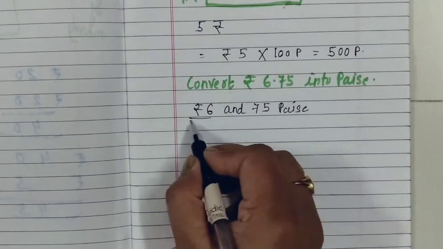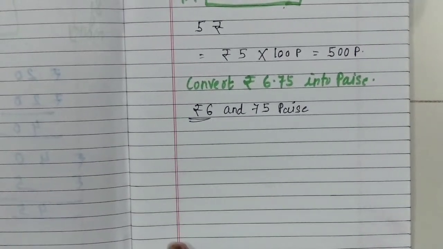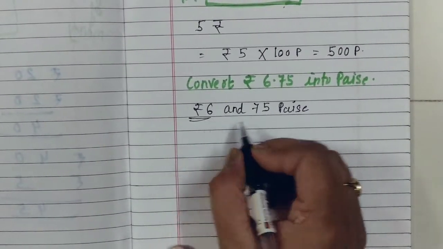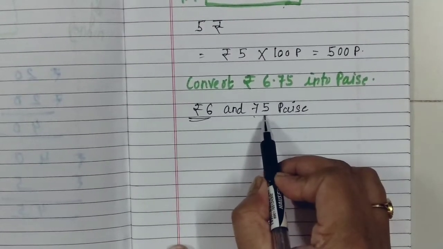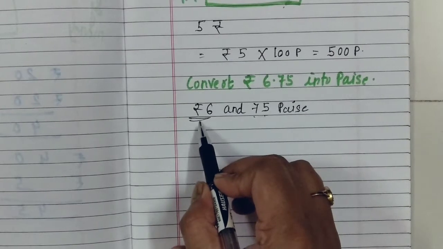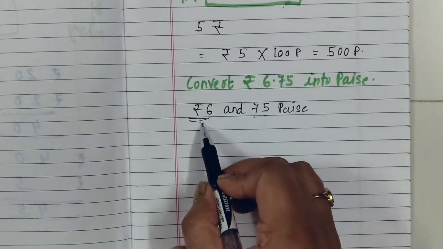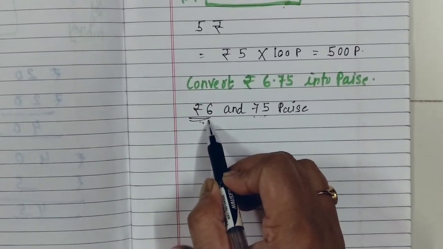Here we already have 75 paise, but 6 is in rupees, so we have to convert 6 rupees into paise.